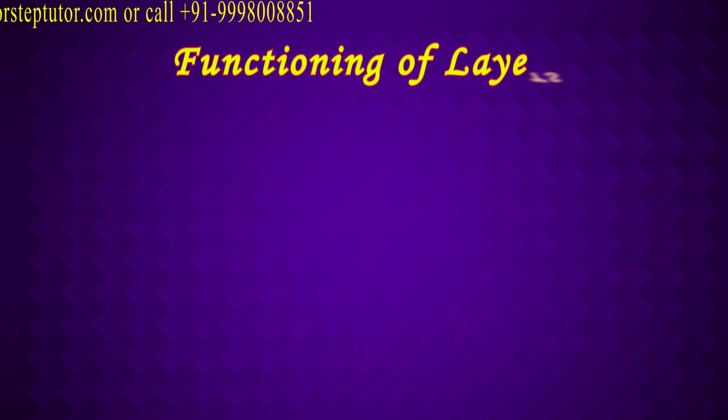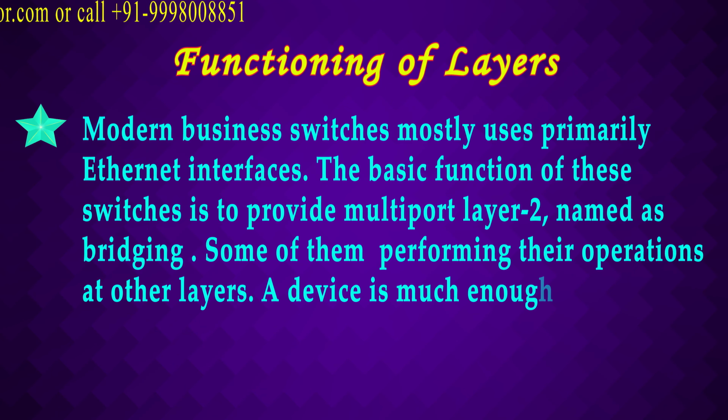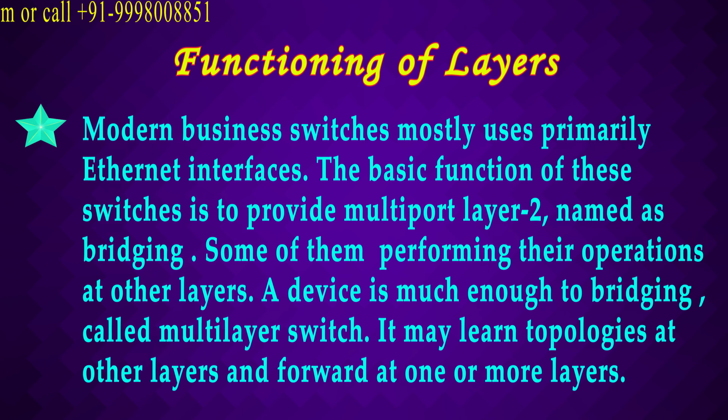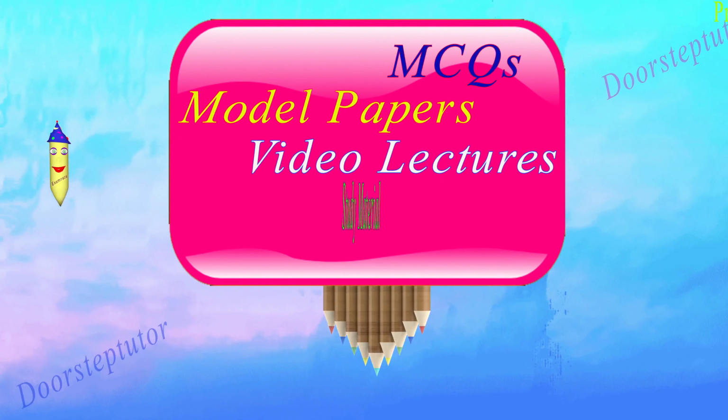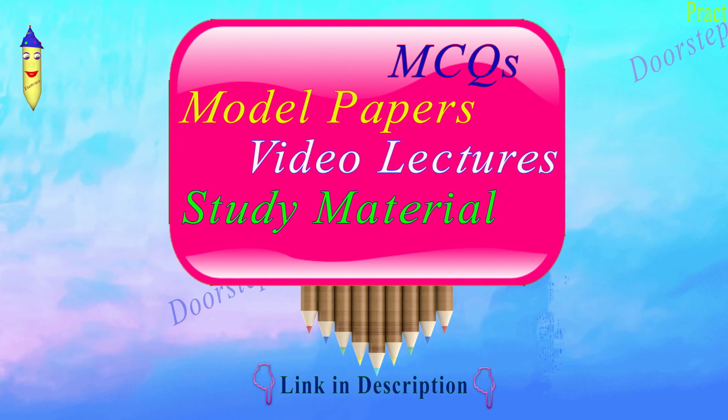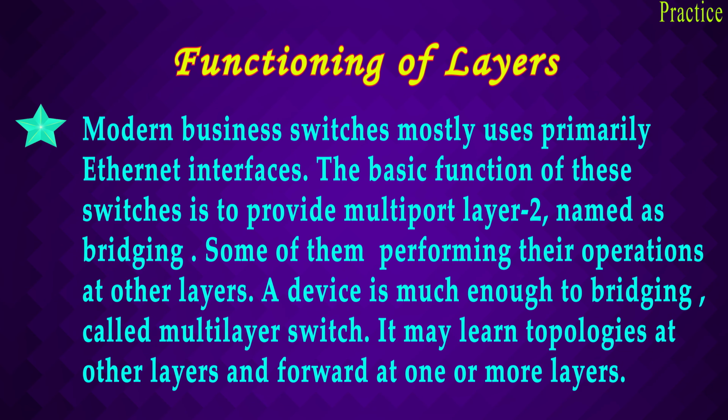So what are the different functionalities of each layer? A switch is also called a multi-layer switch. Why is it called a multi-layer switch? Multiple layers can work in a coordinated manner so that it can work like bridging and transfer the data. So it is called a multi-layer switch. Another name given to switches is multi-port layer 2, which is also called bridging.